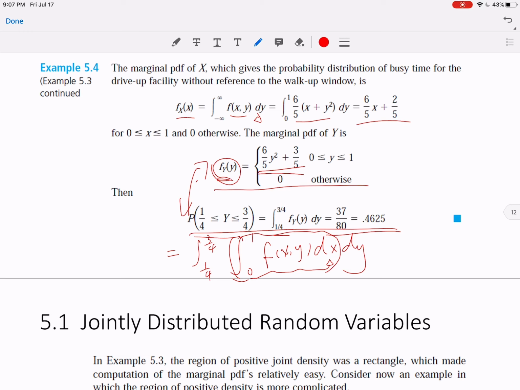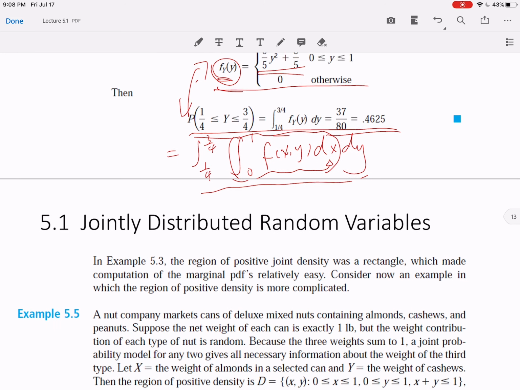That's why I highly recommend you find the marginal PDF first, like this, and then find the probability of the interval of y. Of course, you can do it this other way, but there isn't much difference, and you will not save too much work or time if you do it the second way. But it's easier to make mistakes. Okay. All right. If this is clear, let's move forward.